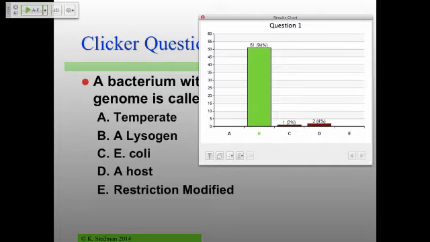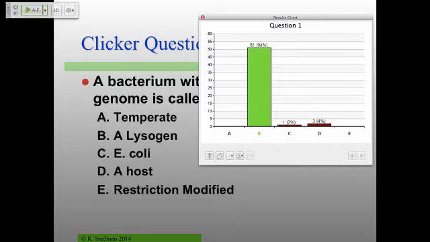The phage is temperate, exactly, if it can undergo lysogeny, but a bacterium with a provirus in it is a lysogen, assuming it's a functional provirus. There are lots of non-functional proviruses that people find in genomes, which we haven't talked about, but it's true basically all throughout the bacterial kingdom as far as we know. If I'd asked about a bacterium with Lambda prophage in it, that would have been E. coli.